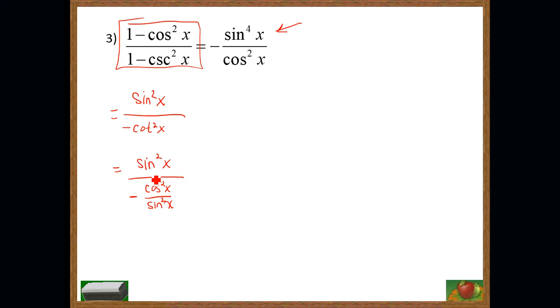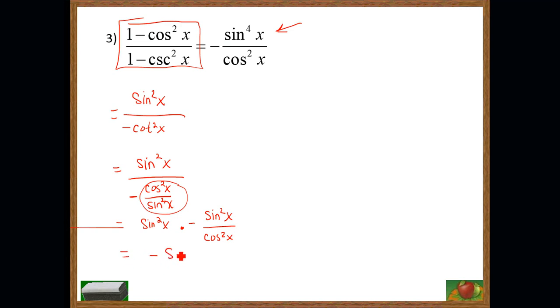Well, I'm dividing by a fraction, so I could multiply by the reciprocal. So I'm going to have my sine squared x times negative sine squared x over cosine squared x. Remember, I'm going to multiply by the reciprocal of that guy. So now if I multiply straight across, what do I have there?